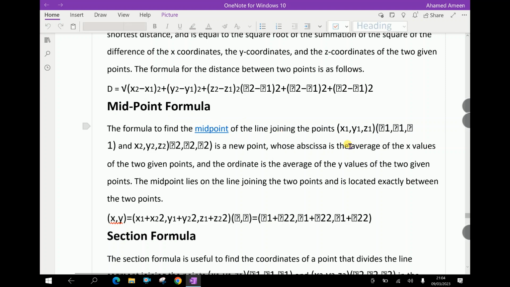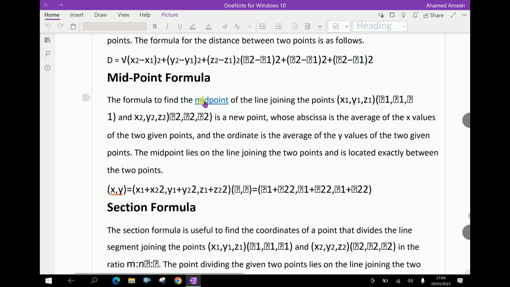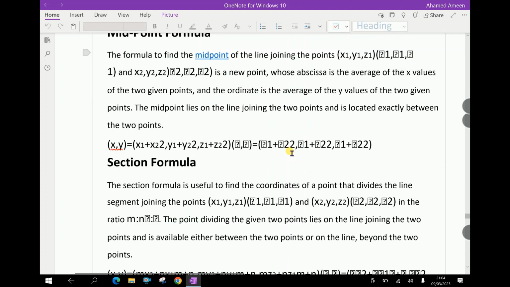Even the midpoint formula we can find, that is the midpoint is ((x1 plus x2 plus x3) by 3, (y1 plus y2 plus y3) by 3, (z1 plus z2 plus z3) divided by 3). Like that we can find the midpoint formula in three dimensions also. Joining the points, you can find the midpoint of the 3 points in that way.